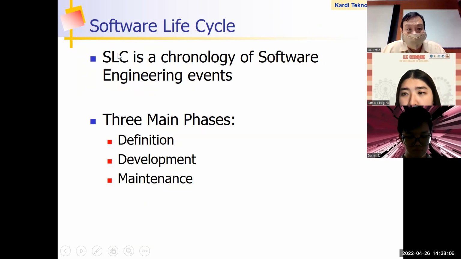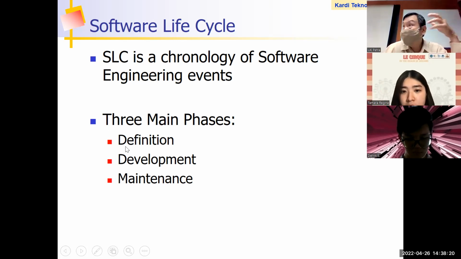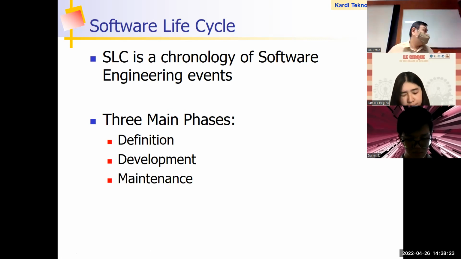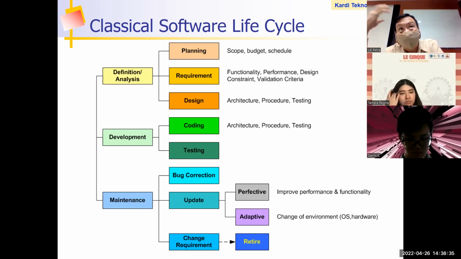So SLC or SDLC, software development life cycle or software life cycle, is just the chronology of software engineering events. If we look at this, we have three main phases. One is the definition, second is the development, and the last one is the maintenance. When I started to learn this, I realized software engineering is probably one of the core of computer science.